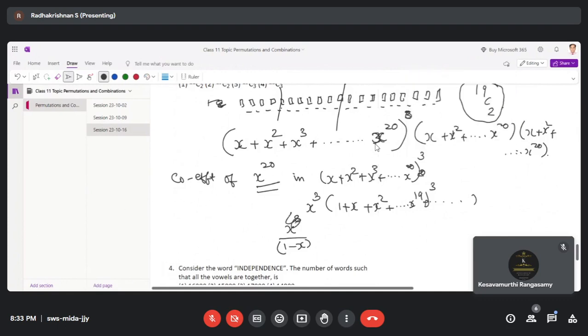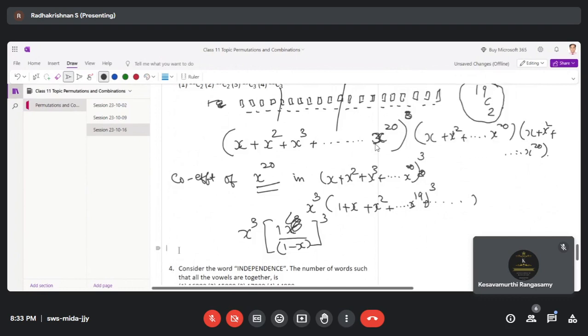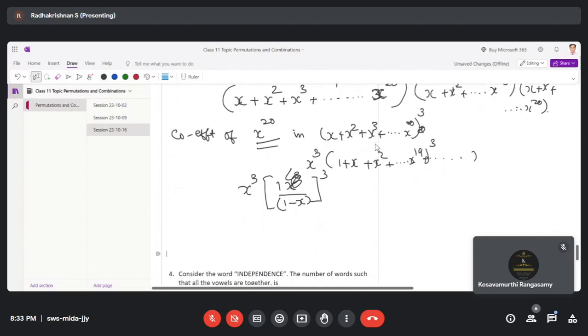So I am taking out this x cube, and this thing I have written as 1 by 1 minus x whole power 3. Now, the coefficient of x power 20 in this expression is the same as, since we have x cube into something, we can take it out and say the coefficient of x power 17.